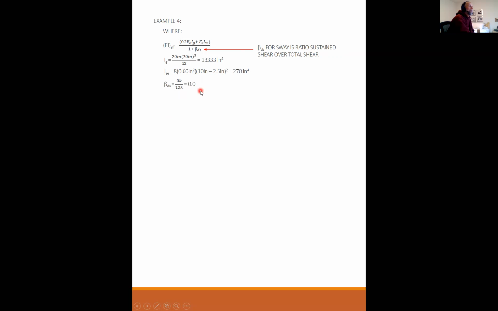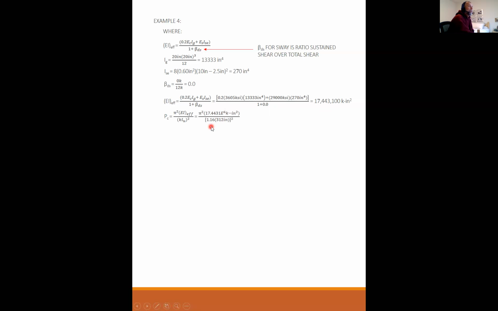Beta ds is 0. So your effective stiffness is going to be, this is all the same as before, but now we're just over 1. And that gives you 17,443,100 kip inch squared. So my Euler buckling load, I take this, plug it in here.